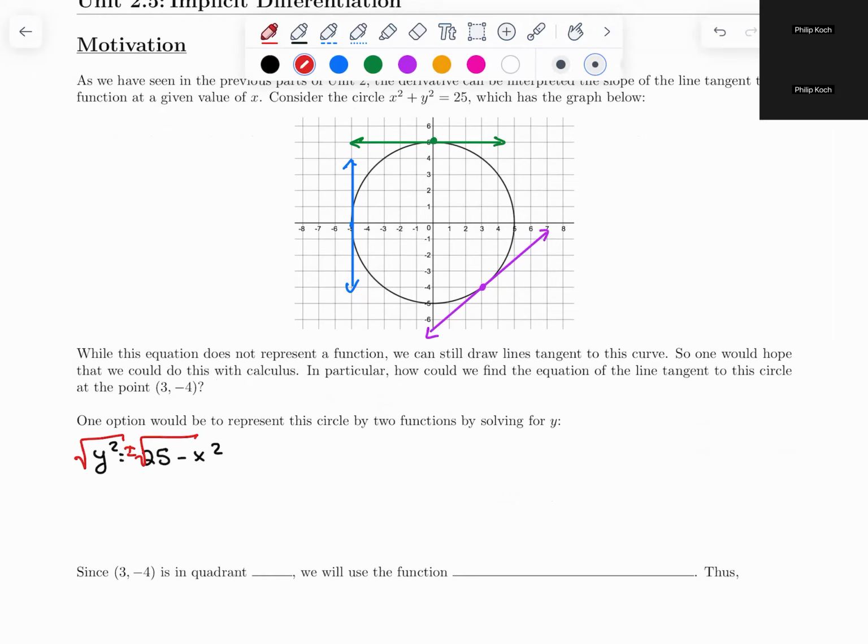So we end up with two functions. We have f sub u of x, which is the positive square root of 25 minus x squared. And we have f sub l of x, which is negative square root of 25 minus x squared.